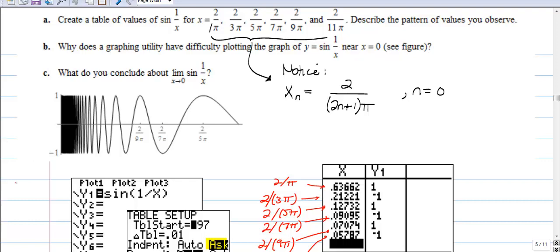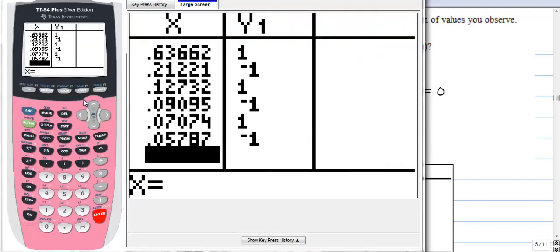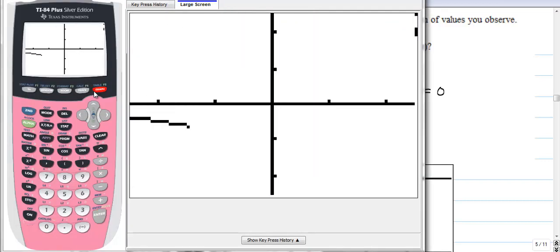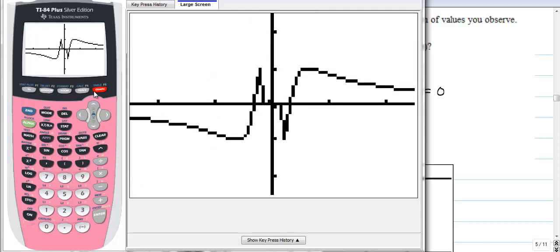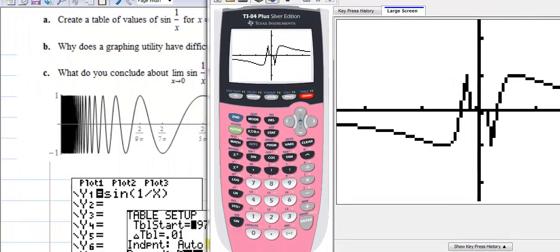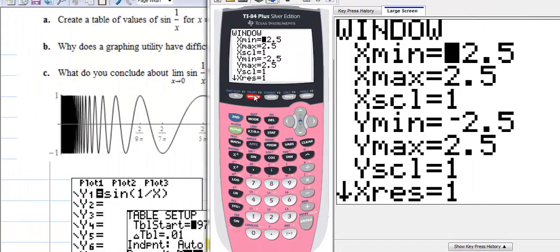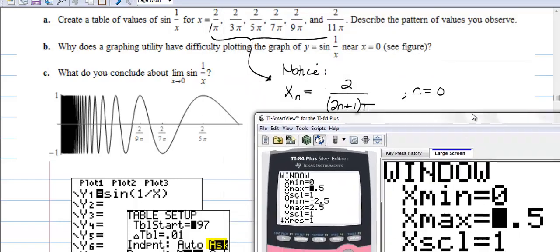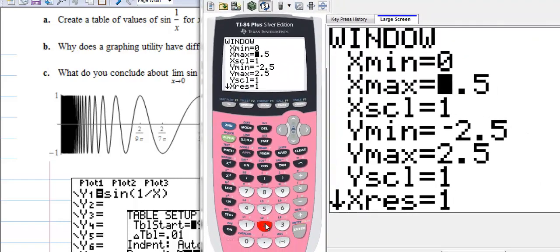So, for example, if I went and did graph here. Now, my graph is not scaled the same way their graph is. On their window, it looks like they go from 0 to 2 divided by 5 pi.